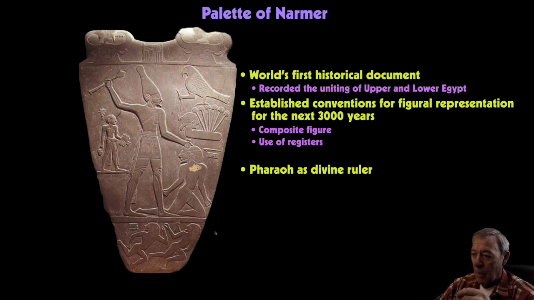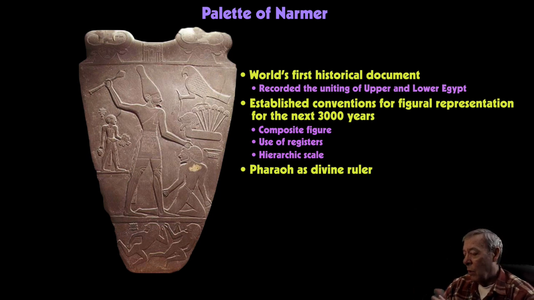Okay? And then the hierarchic scale. What we mean by hierarchic scale is that the most important things are the biggest things. And so whenever you look at an ancient Egyptian work of art, you can always tell immediately who the most important people are, okay, because they're the biggest.